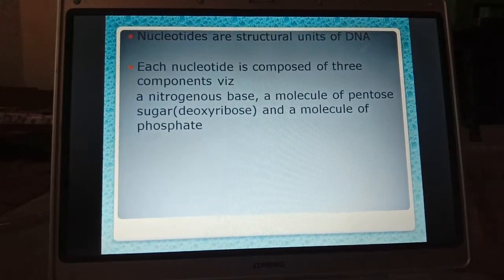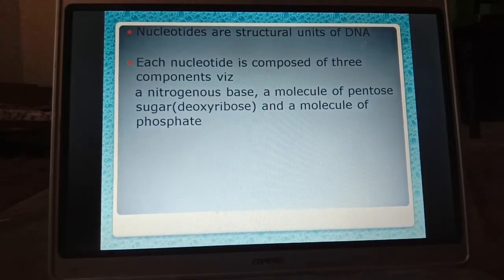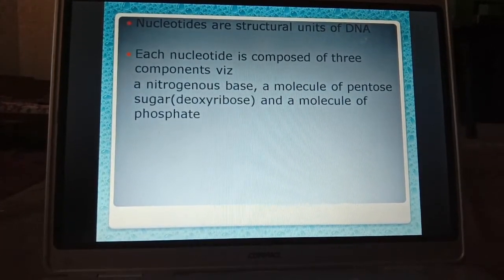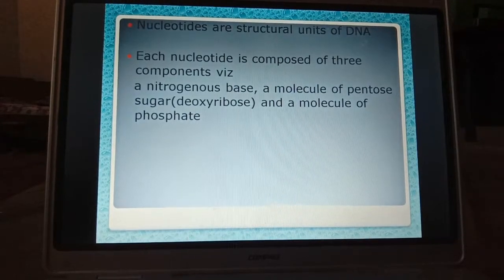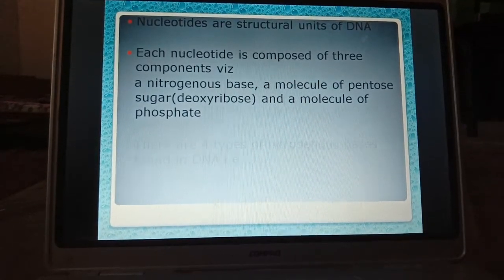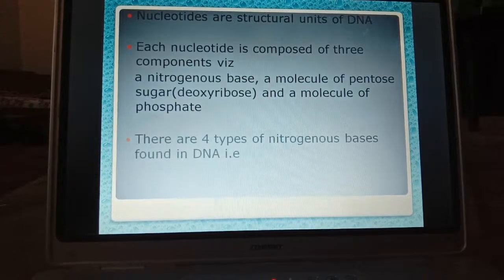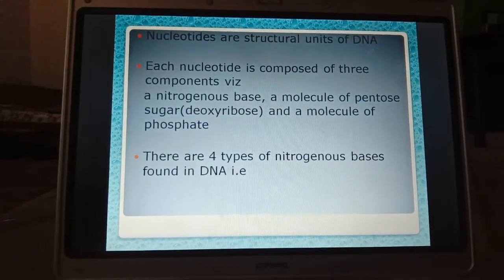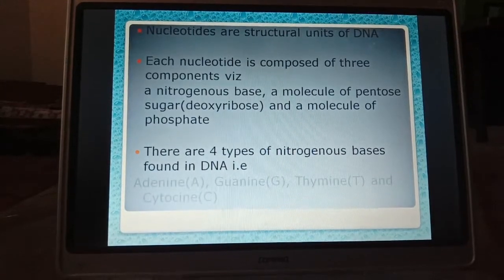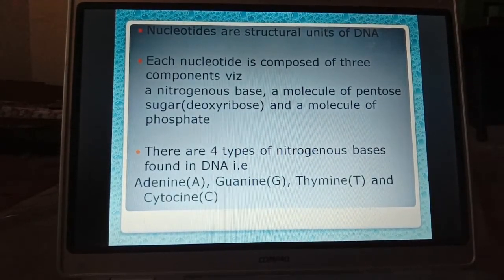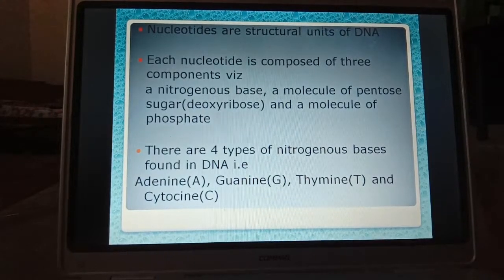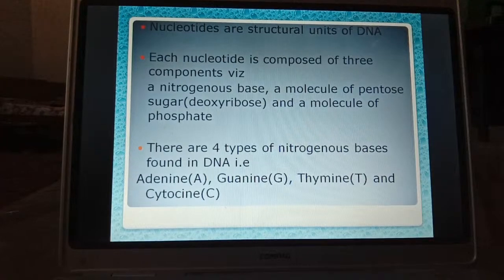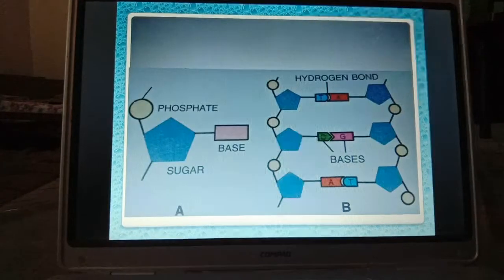A nitrogenous base, a molecule of pentose sugar, that is deoxyribose sugar, and a molecule of phosphate. There are 4 types of nitrogenous bases which are found in DNA. What are those 4 types? Adenine, represented by alphabet A, guanine, represented by G, thymine, represented by T, and cytosine, represented by C.